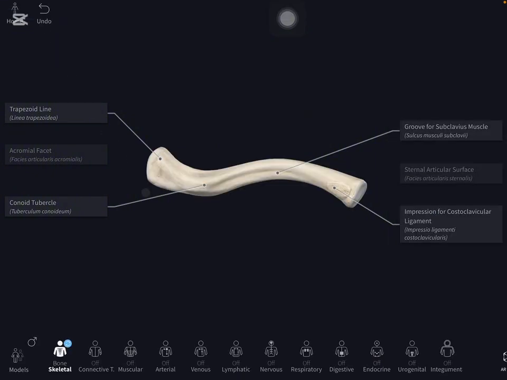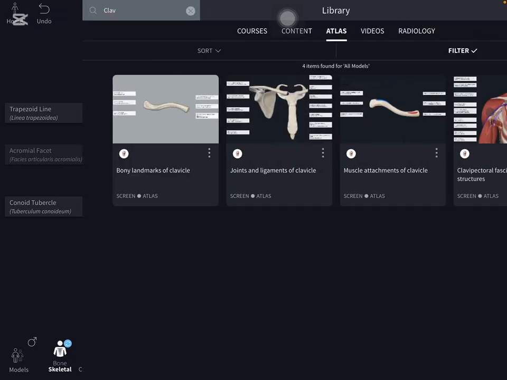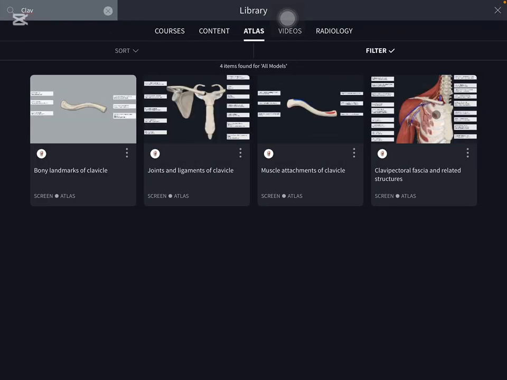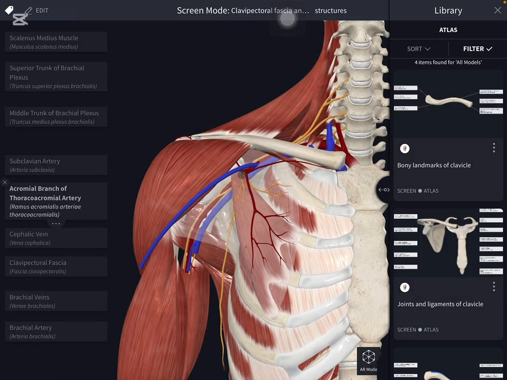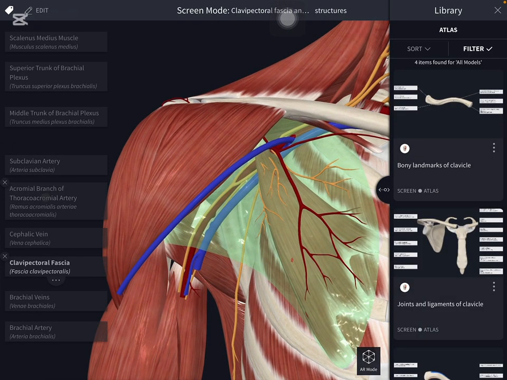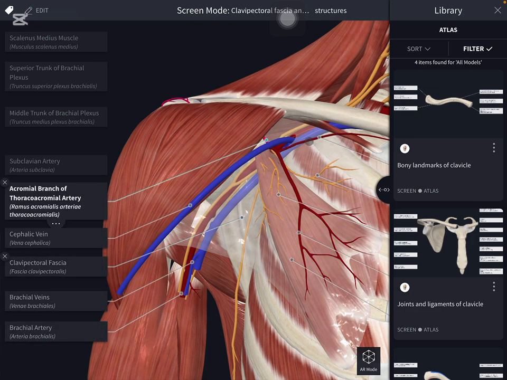I'm going to show you the acromiothoracic artery. This one is the acromiothoracic artery, okay, this one, the acromion branch of the thoracoacromial artery. Okay, so that's all about the fracture of the clavicle.